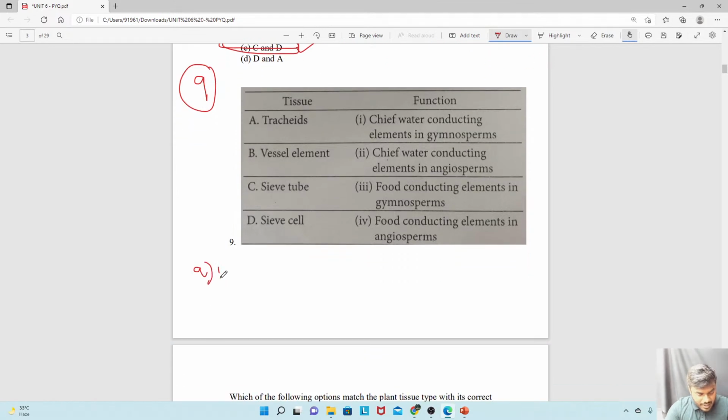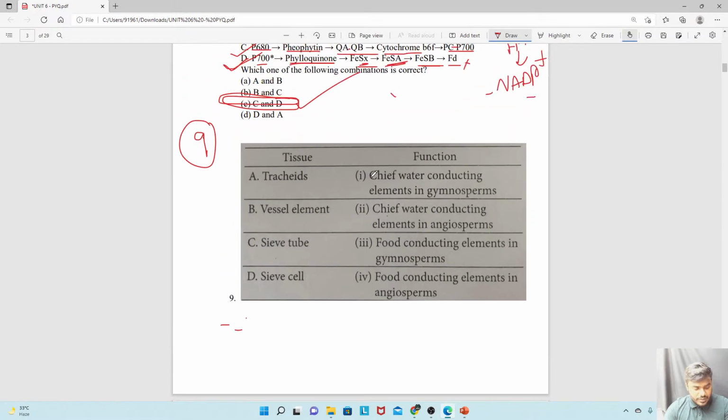Writing takes a lot of time, why waste the time? First you look into the question, then I will show you the options. A, tracheids, B, vessel elements, C, sieve tube, D, sieve cells. I explained this to all of you especially two days back also.